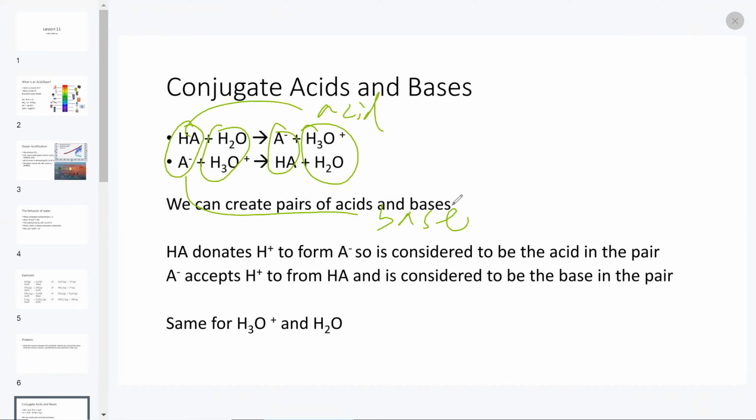So, of course, you can see that HA donates H+, forming A-, so we consider it to be the acid, and A- accepts the H+ to form HA and is considered to be the base. So based on this knowledge, which one of these do you think is the conjugate acid and the conjugate base?